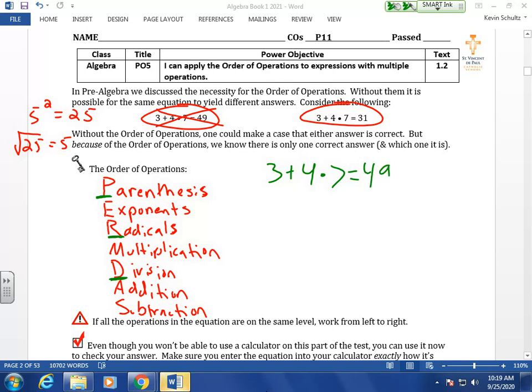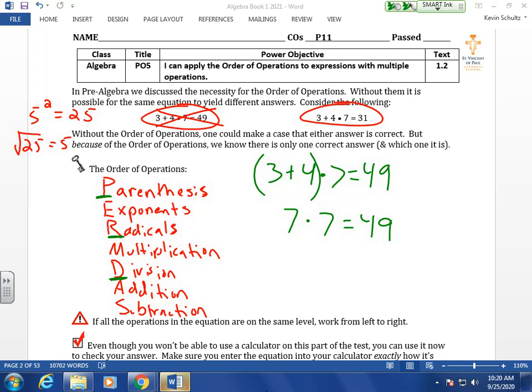You could make it 49 by putting parentheses around the 3 plus 4, because that says, no. Hold up. Parentheses first, right? 3 plus 4 is 7. Then you'd multiply by 7, and that's how you would get it to be 49. All right. Should be review. Anything new that you've got questions about?